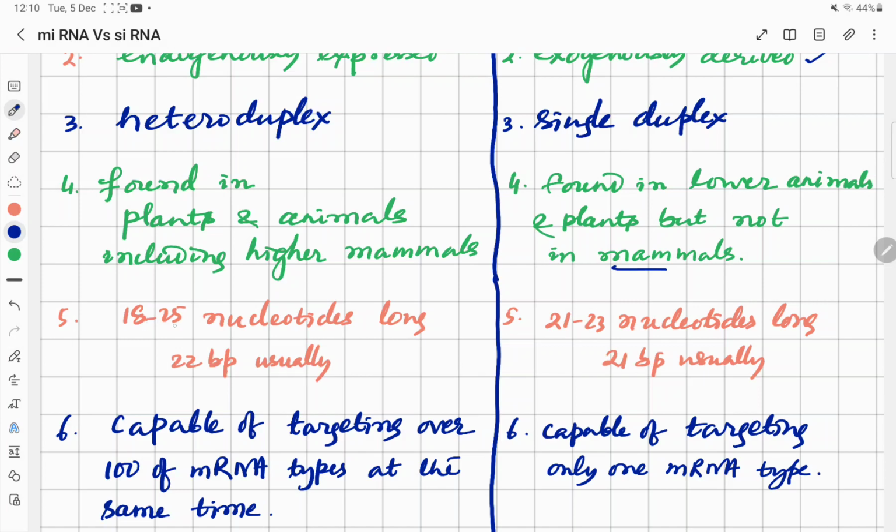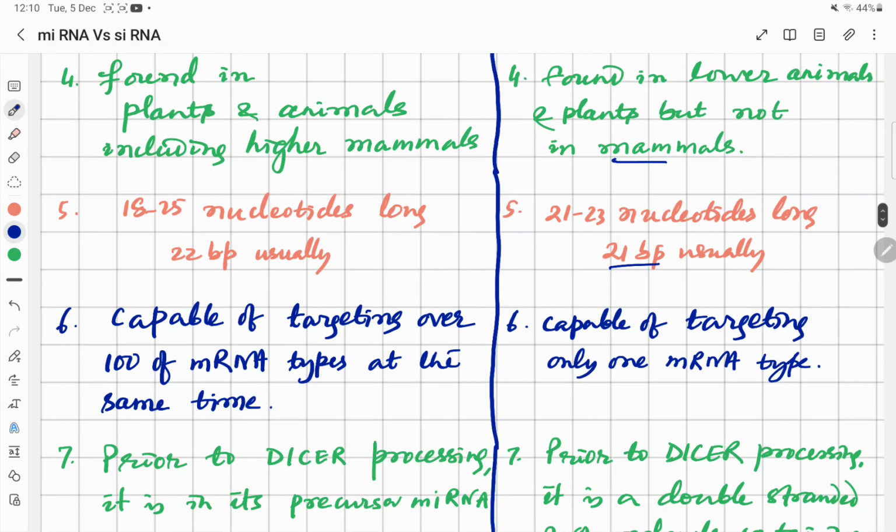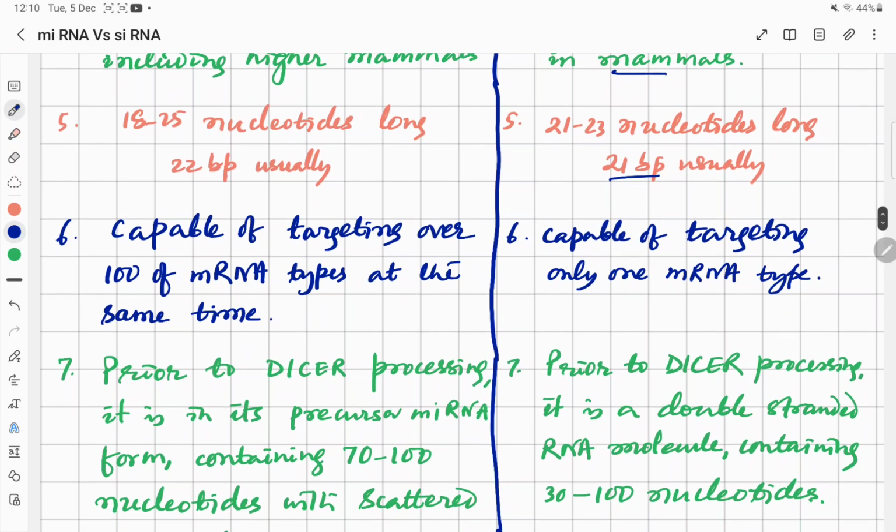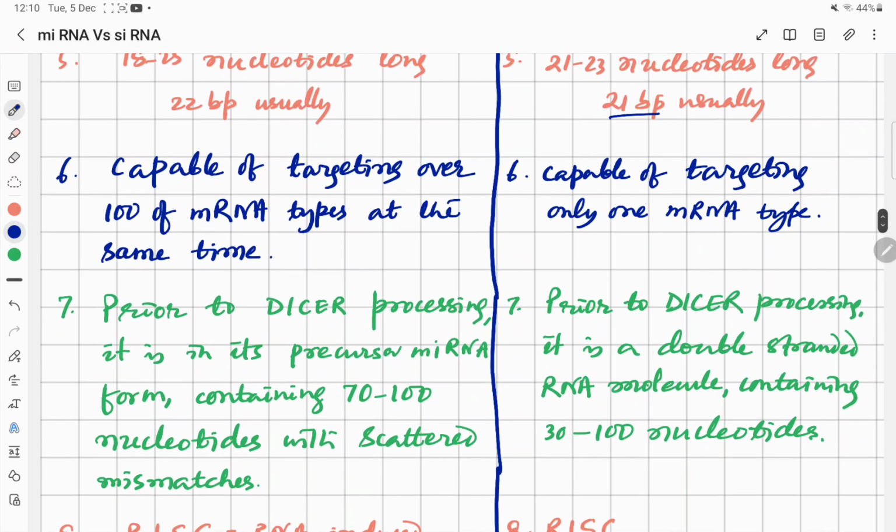It can vary from 18 to 25 nucleotides, and siRNA is 21 base pair, and it can vary from 21 to 23 nucleotides. MicroRNA is capable of targeting hundreds of messenger RNA types at the same time. It can target many messenger RNA, but siRNA is capable of targeting only one mRNA type.